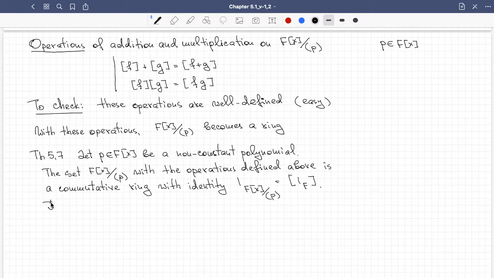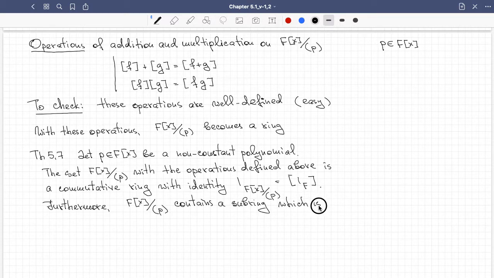Furthermore, F[x] modulo p contains a subring which is isomorphic to F. I will not present the proof.